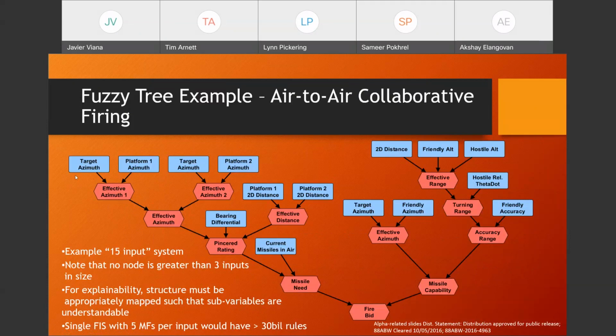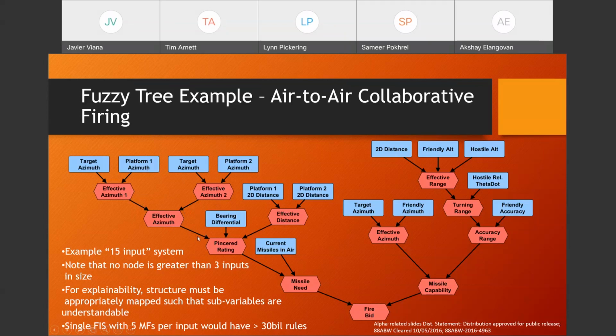So in this case, right here, we have target azimuth and platform 1 azimuth, and that is calculating effective azimuth 1. That is actually going to be the name of that output. Then we have another one calculating effective azimuth 2, and the overall effective azimuth is some combination of those.